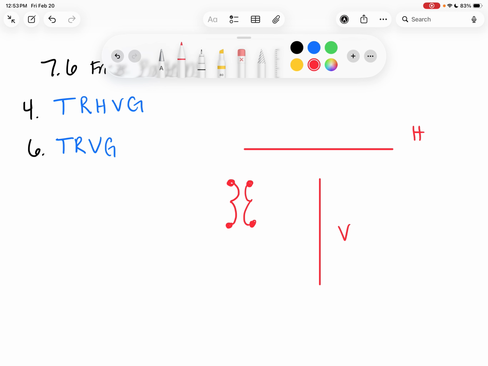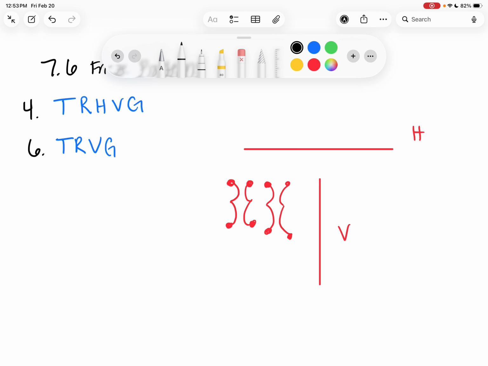So this would be how we're getting our horizontal glide reflections. It would keep going like that. I guess they're technically not supposed to be touching, but just pretend I didn't make them touching. So basically that would be your glide reflections there. Okay.